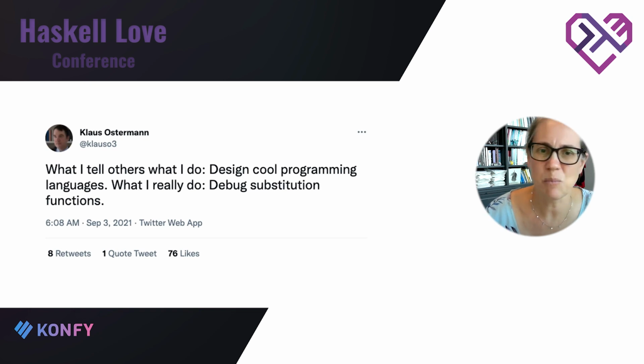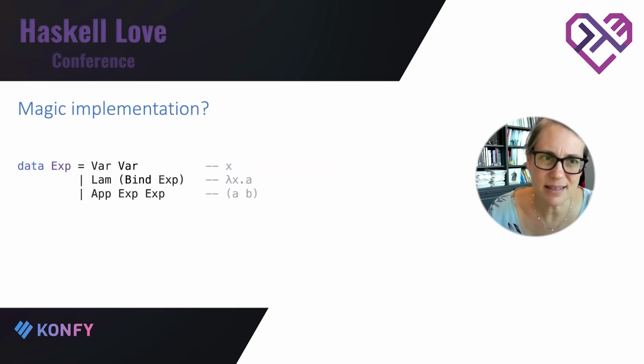So when I say let's implement the lambda calculus quickly, one way of interpreting that is like this. Let's declaratively create our data type for the lambda calculus, where we have constructors for variables, we have lambdas, and maybe we mark that the lambda is a binding occurrence for variables, and we have applications.